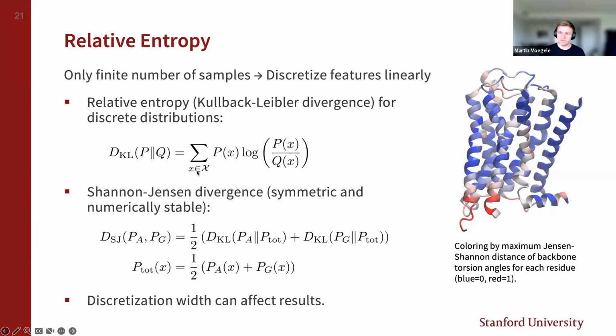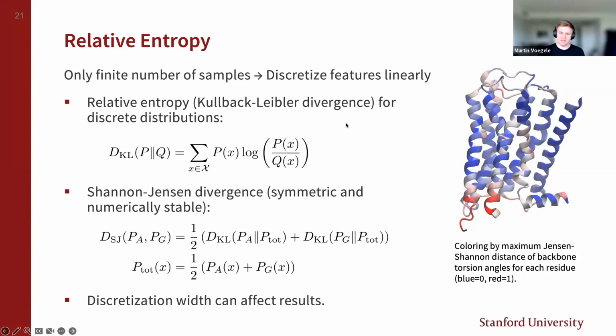These two problems are solved by using the Jensen-Shannon divergence, which is basically the same as the Kullback-Leibler, but in a symmetrized version. You calculate it in one direction, calculate it in the other direction, and average it. This already has very nice mathematical properties. And if you take the square root of this divergence, you get the Jensen-Shannon distance, which has all the nice mathematical properties of a distance metric.